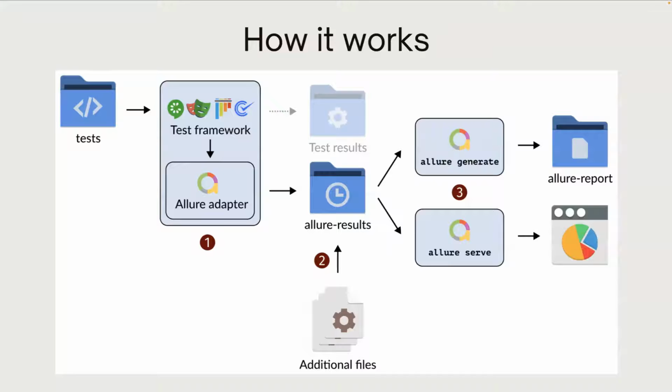After this, we can use the Allure generate command in order to create the HTML reports, and these will be saved in a different folder, which is known as the Allure report. From there, we can go ahead and open the HTML file where we will have all our reports, which will have different categories of results. It will contain test steps and the test statuses.